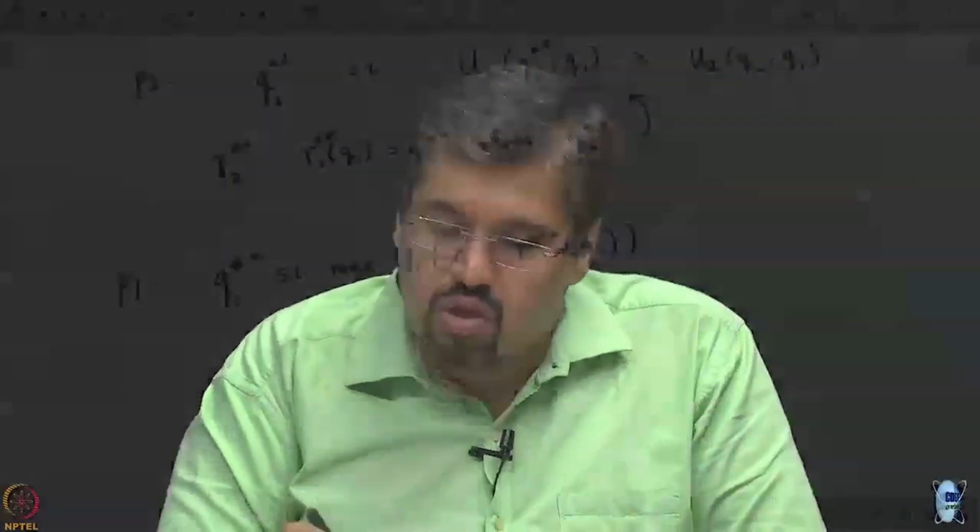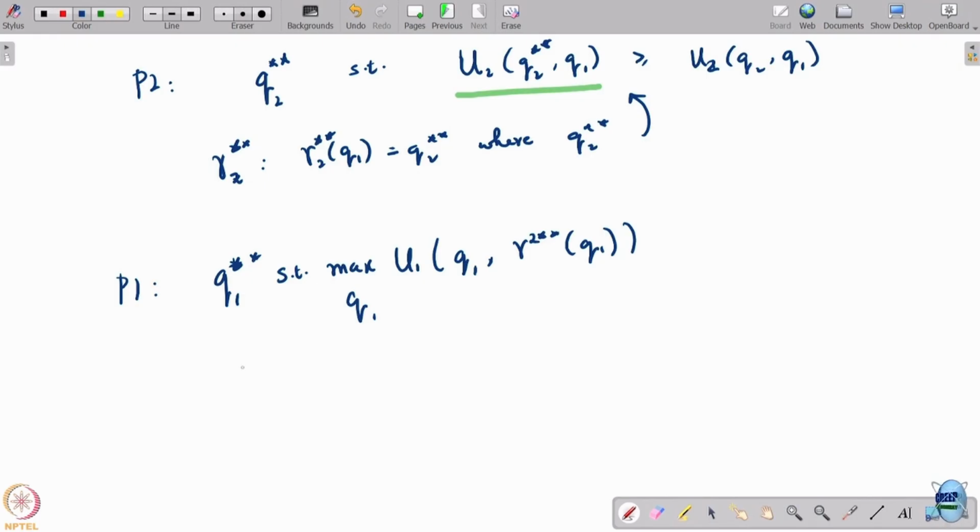Okay. So this here is a potential solution of the game. That means the solution being that player 1 plays q1 star star and player 2 comes up with a plan to play gamma 2 star star, and the actual quantity that he ends up producing is gamma 2 star star, which is a function of q1 star star.